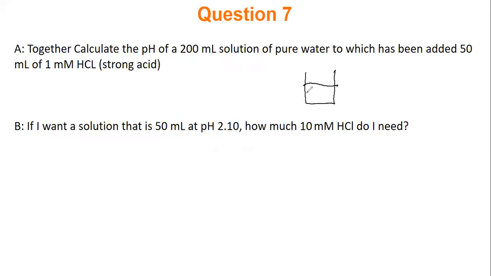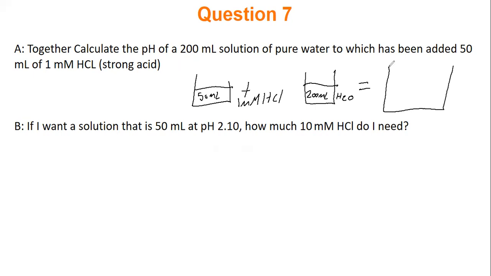So I have 200 milliliters of H2O, and to that, I'm going to add 50 milliliters of 1 millimolar HCl. That means my new solution is 250 milliliters, right? And I want to know what is the pH.